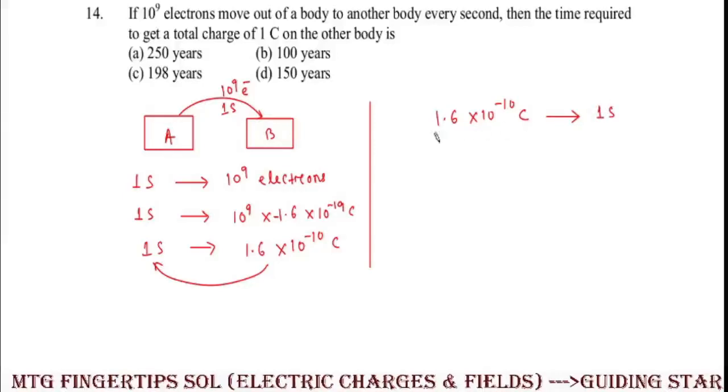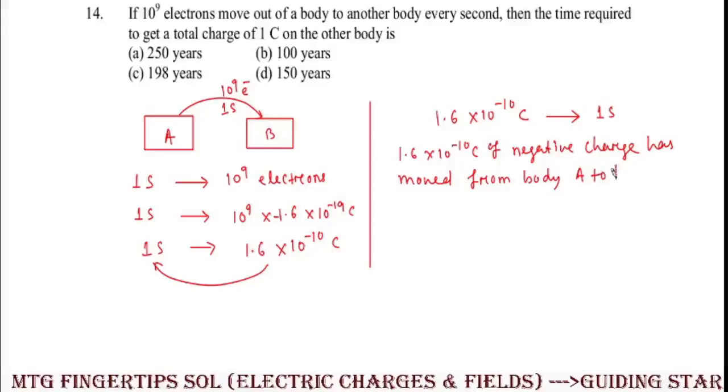Clear? Statement wise, 1.6 into 10 to the power minus 10 coulombs of negative charge has moved from body A to body B in 1 second.